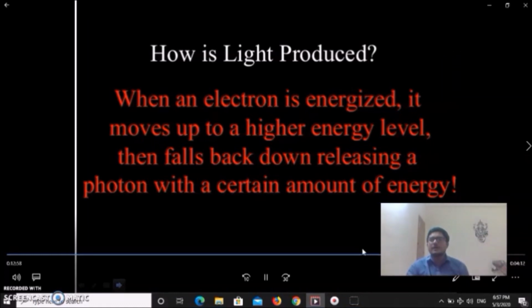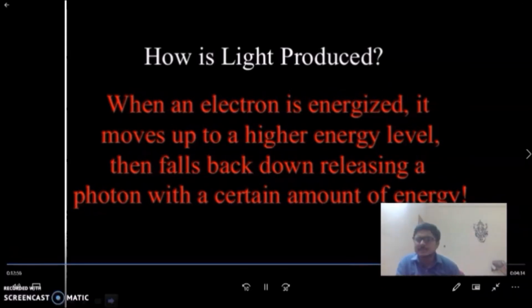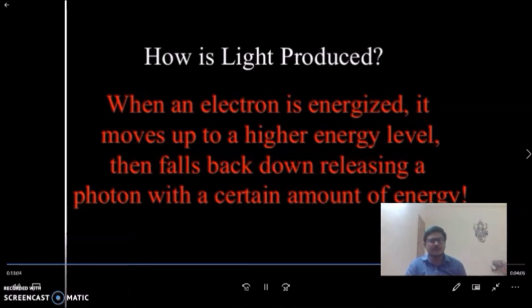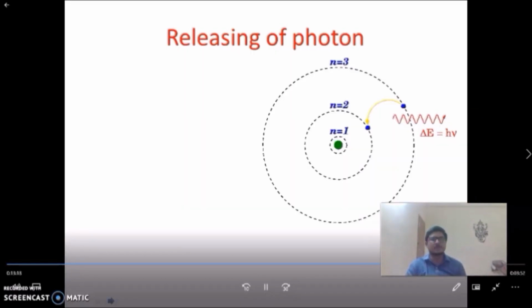Next question is how light is produced. Dear cadets, you may have a wrong notion that light is produced by a tube light or bulb or torch, that's all. No. You may see light coming from a torchlight, tube or bulb, but that is not the answer to how light is produced. To understand how light is generated, we have to go to the atomic level.